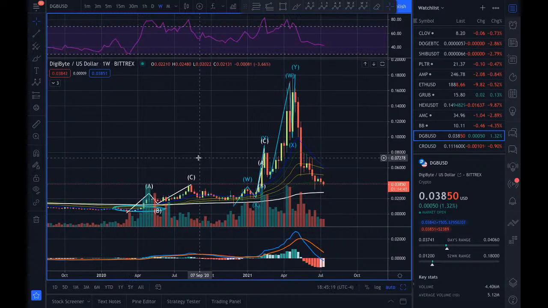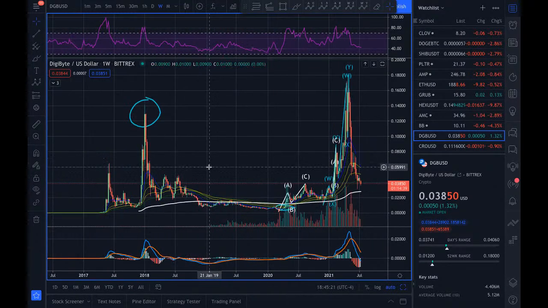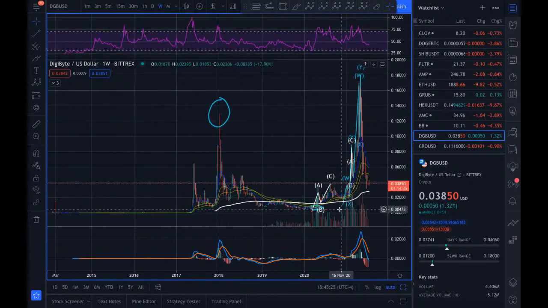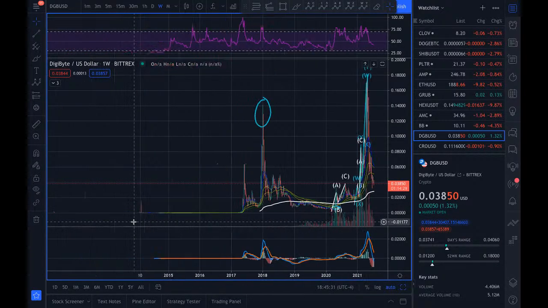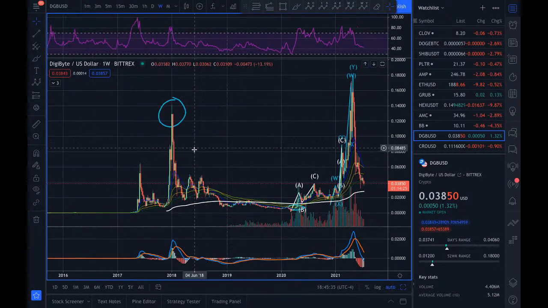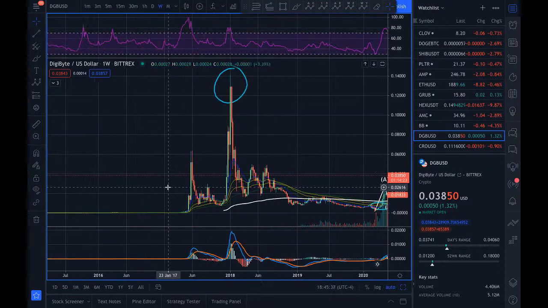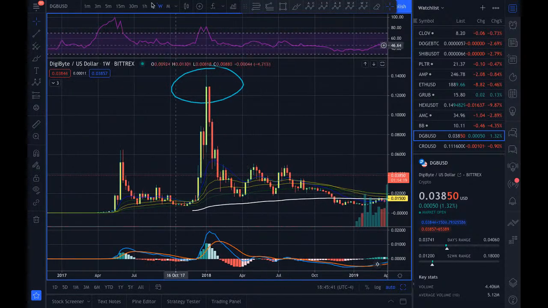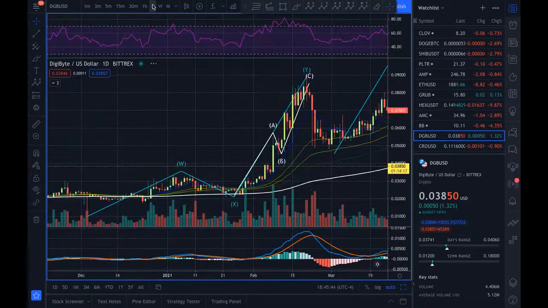So what are we waiting for then, now? We're waiting for it to hit the bottom again, and then we're waiting. This graph just seems upside down. Let me go back to the daily.